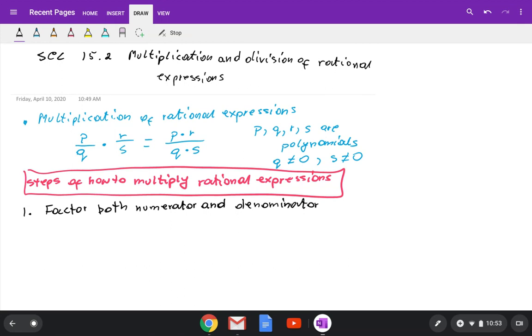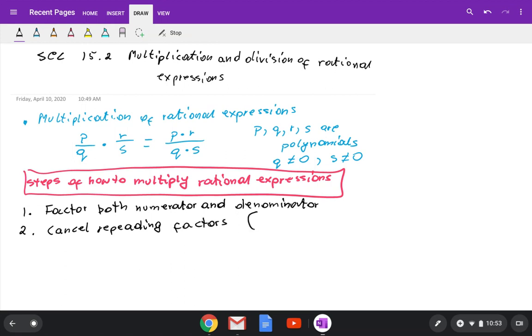We spend so much time on factoring because we are always going to use it. Step 2 will be cancel repeating factors.